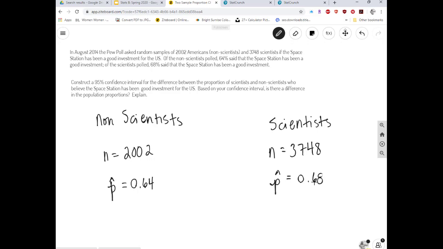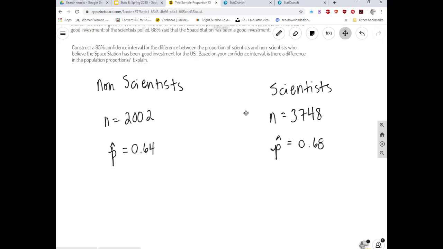Notice, it doesn't say anything about this distribution being normal. So we have to check not just one of them, but both, because we need that to be in place for both.